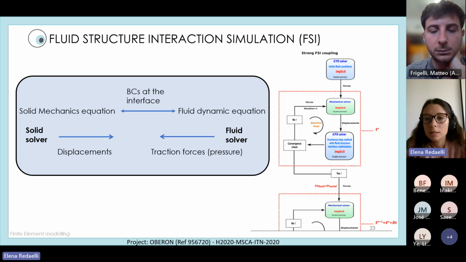The results of these equations are the displacement of the solid part. These displacements are passed to the fluid solver, and then a convergence check is performed. If there is convergence, the simulation can go to the next increment. If not, they perform a loop in a way that they reach convergence both from a pressure point of view and from a displacement point of view.